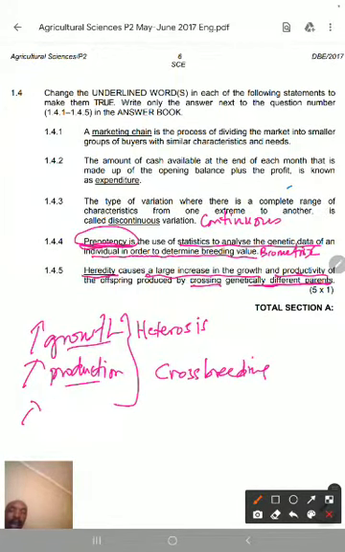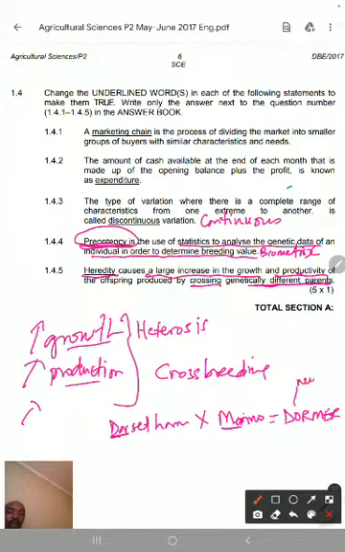like an example that I showed before, whereby you cross a Dorset Horn, a Dorset Horn is a sheep, guys, plus a Merino, which is another sheep. It's still the same species. What comes out? A Dormer, because Merino and Dorset produce a Dormer. So this Dormer is a new breed.